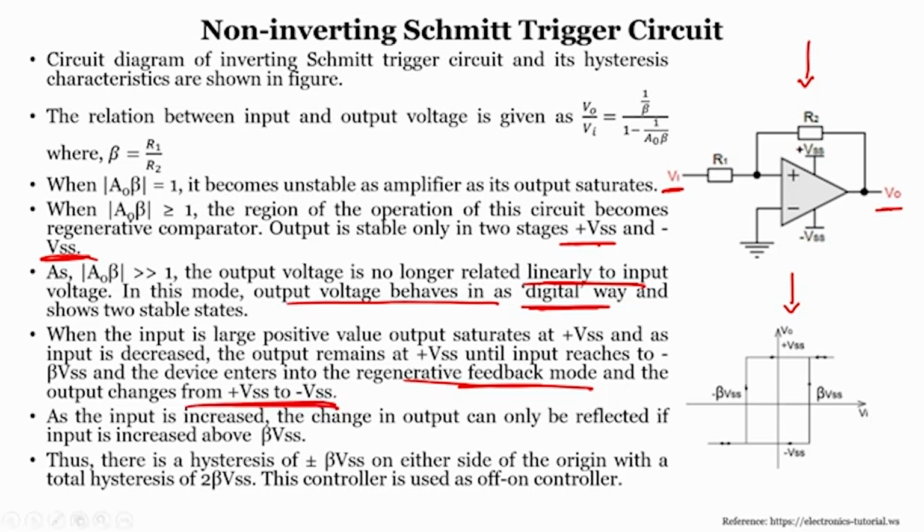As the input is increased above plus beta VSS, the output changes back. So, the hysteresis is plus minus beta VSS, on either side of the origin, a total hysteresis of beta VSS minus (minus beta VSS), which is 2 times beta VSS. So, this circuit can be used as an on-off controller.